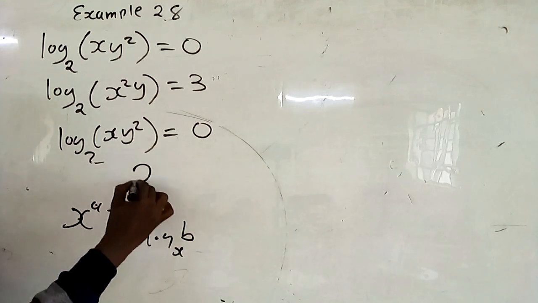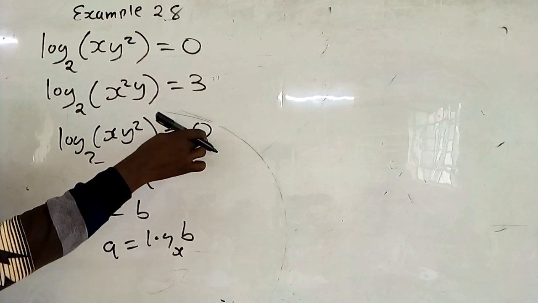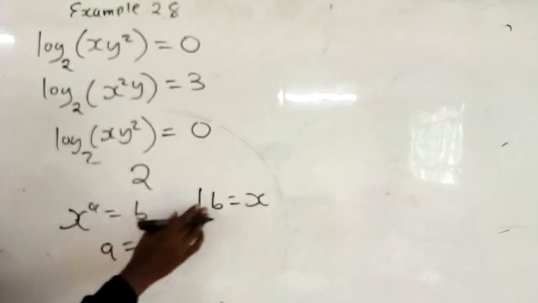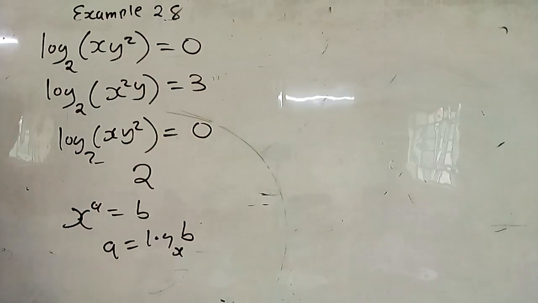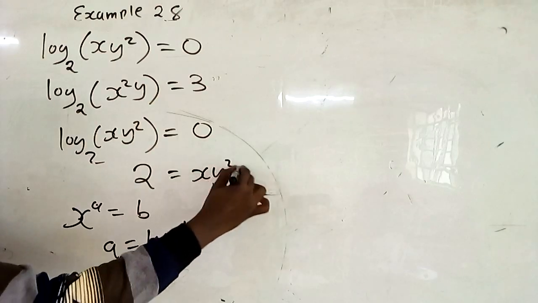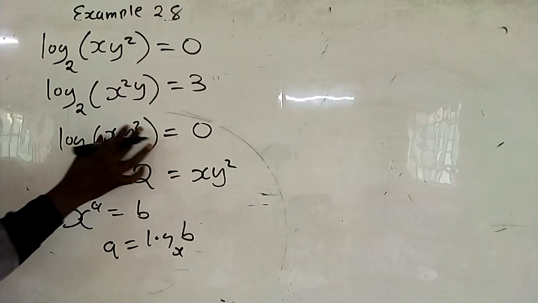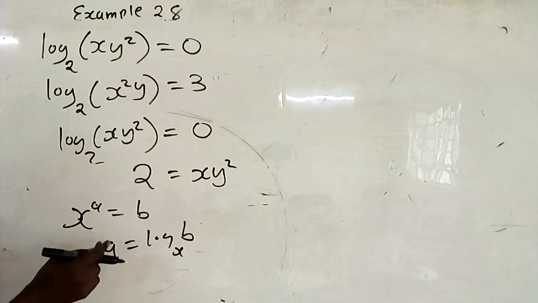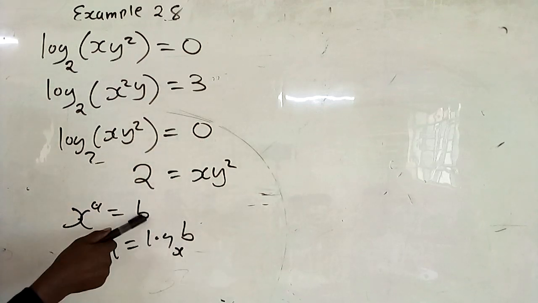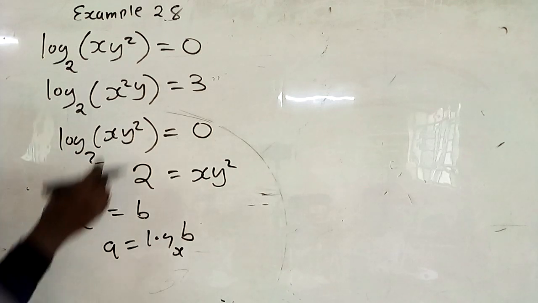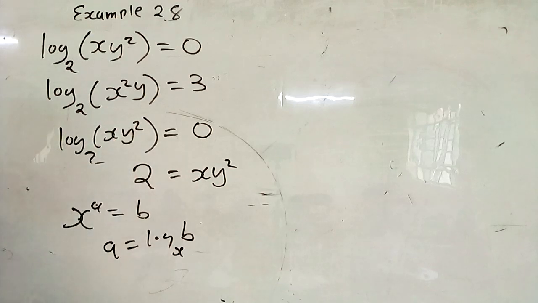Here the base is 2, then the index is 0. The corresponding number is inside the log, which is xy squared.